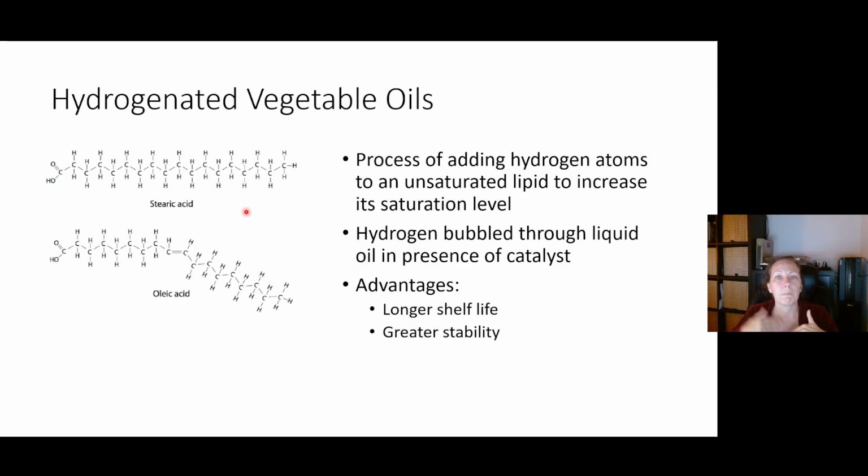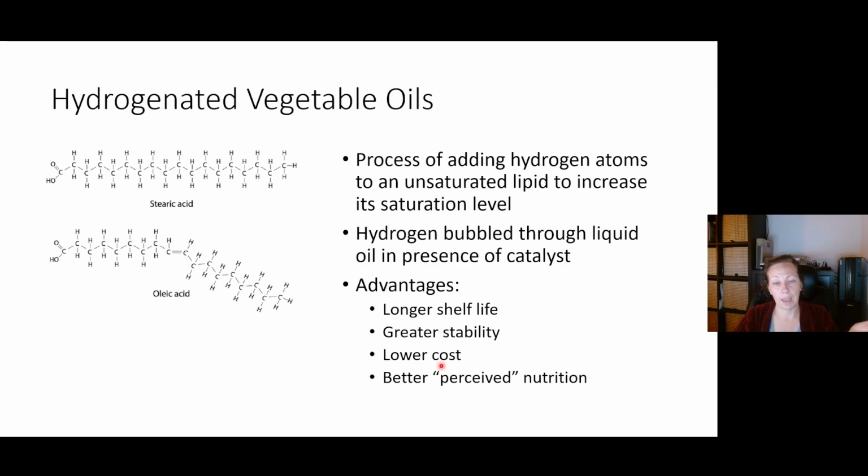So they don't completely saturate it, but they do enough that it has greater stability than lard, which is another natural fat. This is also lower cost than using lard or adding palm oil or coconut oil to the mixture.